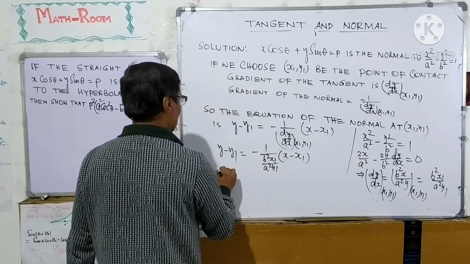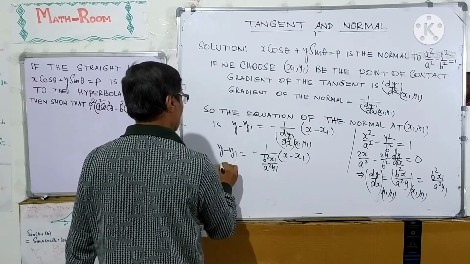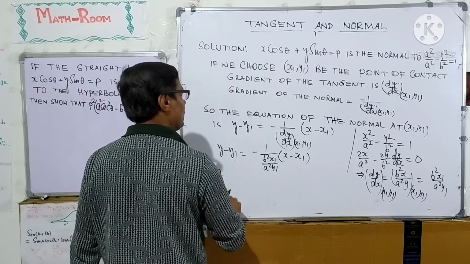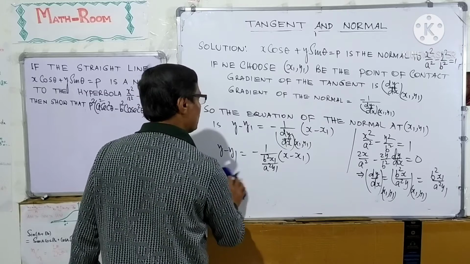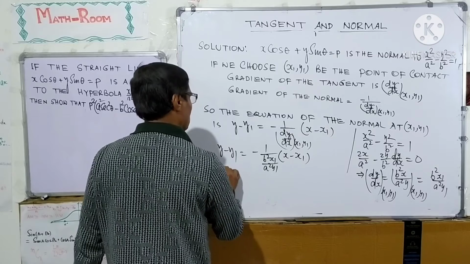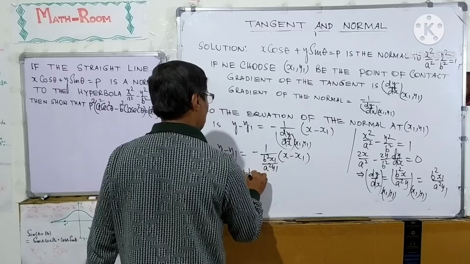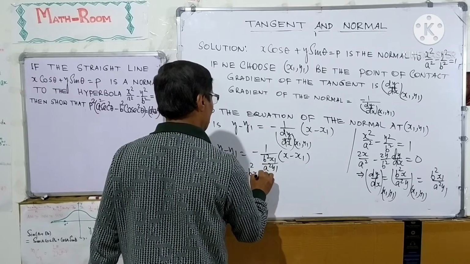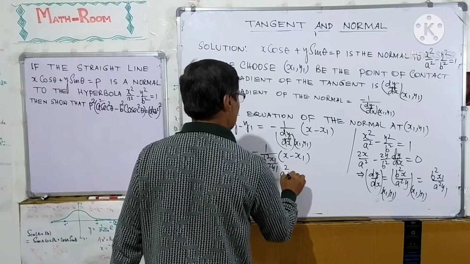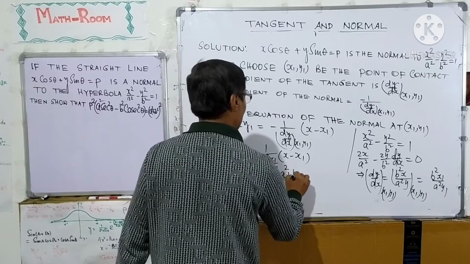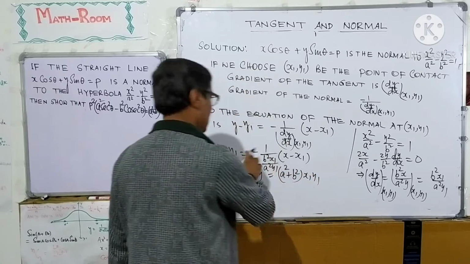So, if we simplify this equation, we get a square y1 into x plus b square x1 into y equal to a square plus b square into x1 y1.